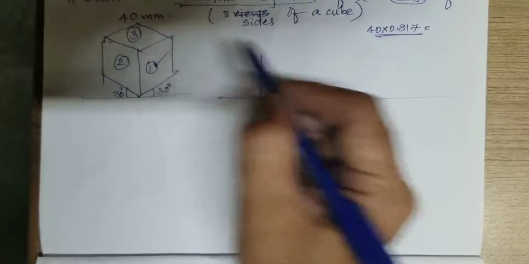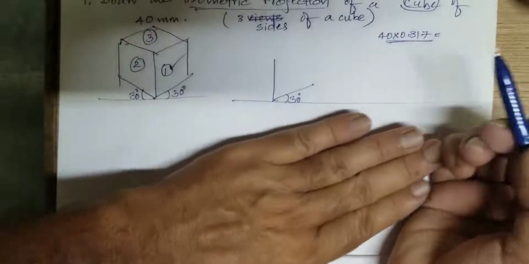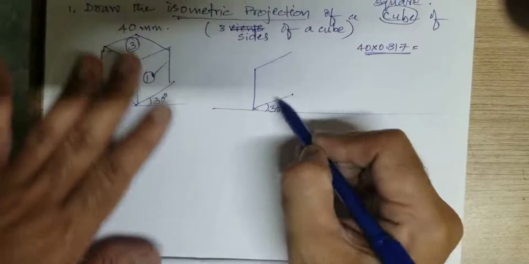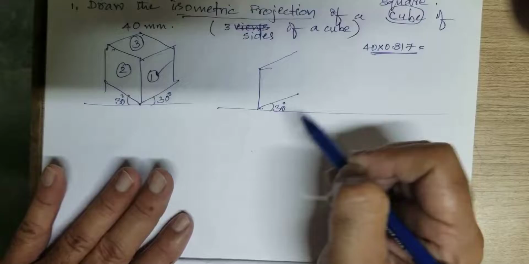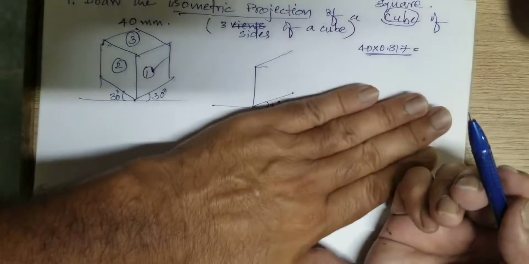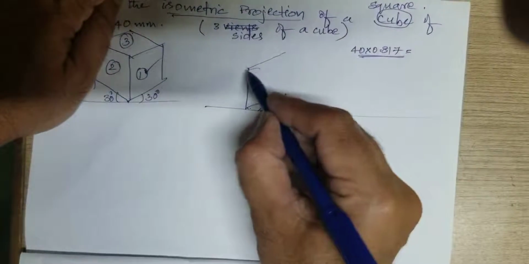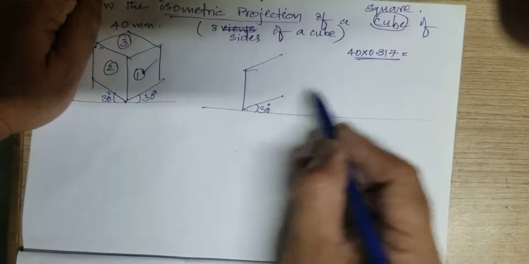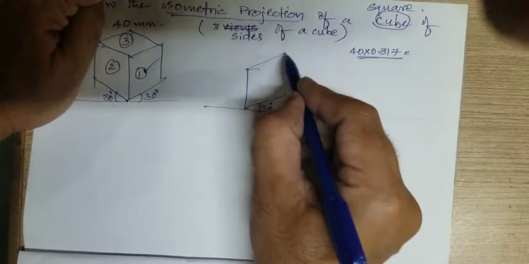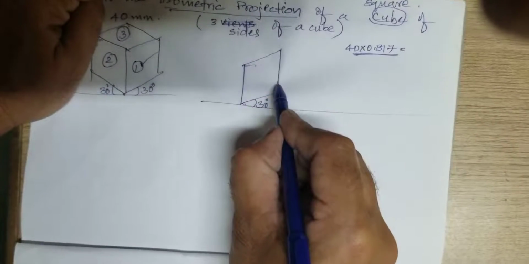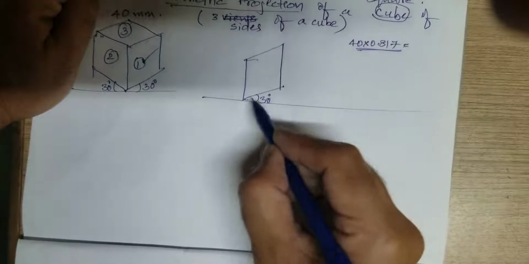Then this length is also equivalent to this length, so keep your mini drafter parallel to this line, keep it over here, and draw the line. If it is 32 here, here also we get 32. So just keep it here and draw the line. This length is equivalent to this length, and join these two. This is isometric projection.